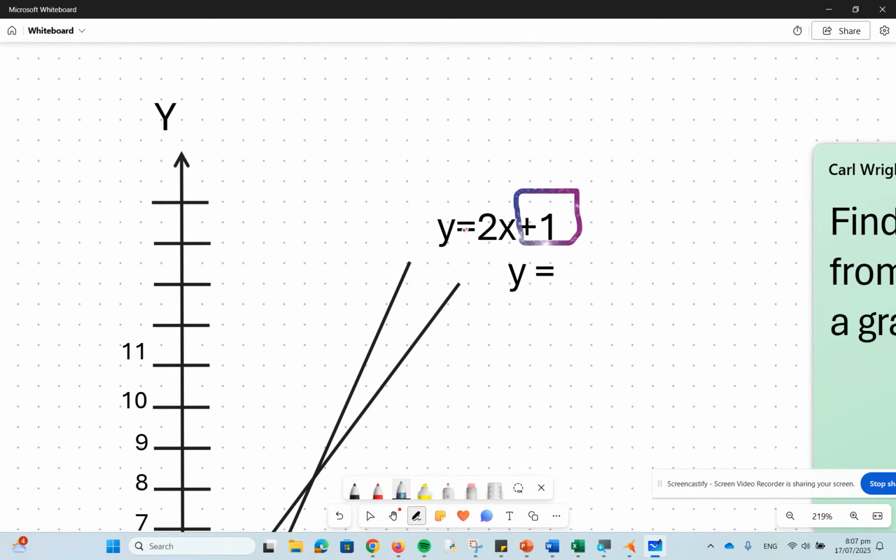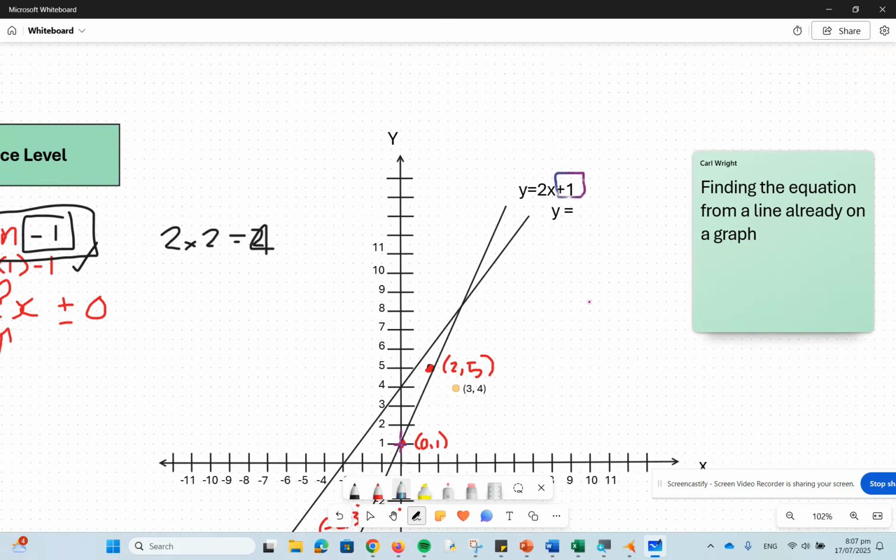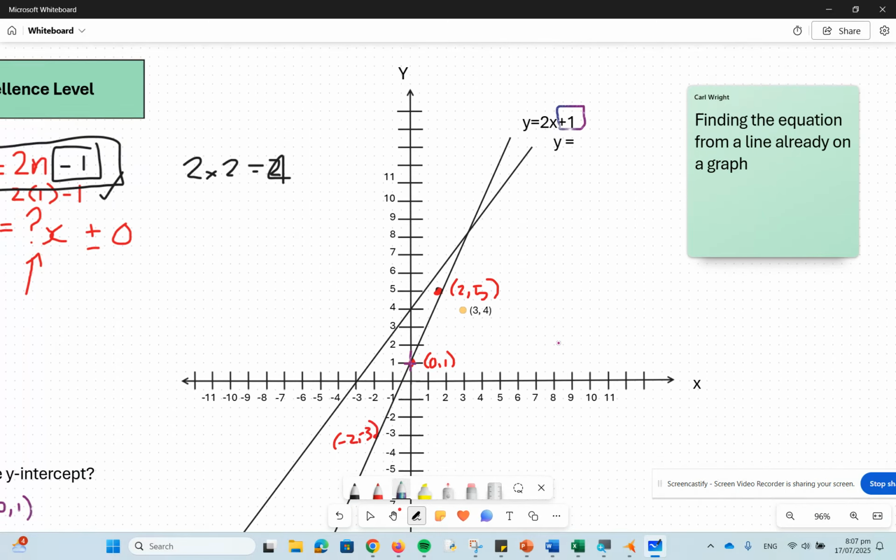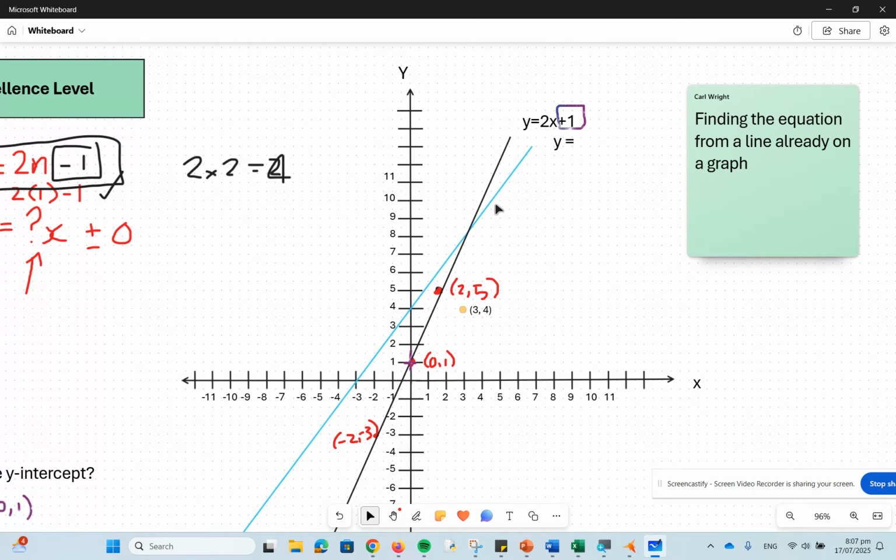So looking at the formula, you notice that if there's a number without an x next to it, it'll be the y-intercept. So let's have a look at this line that's already on there, this other one. Let's have a look at what the y-intercept will be.